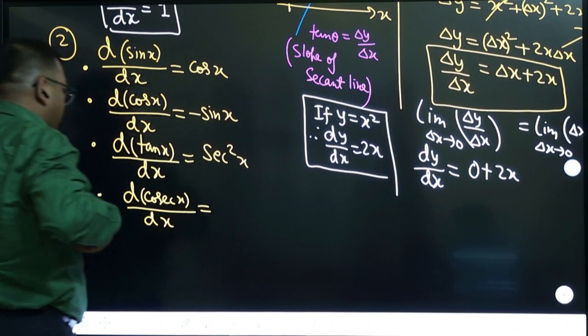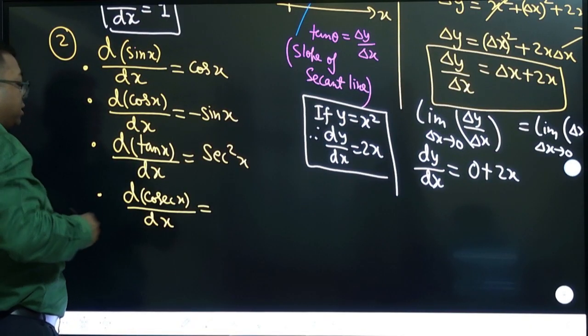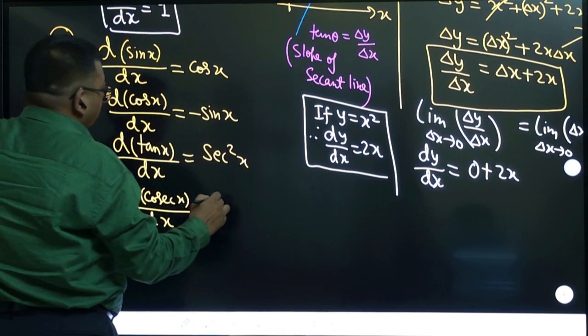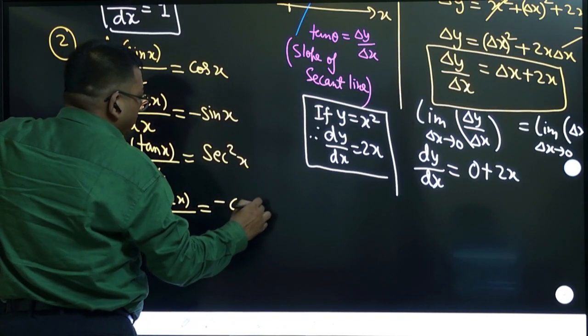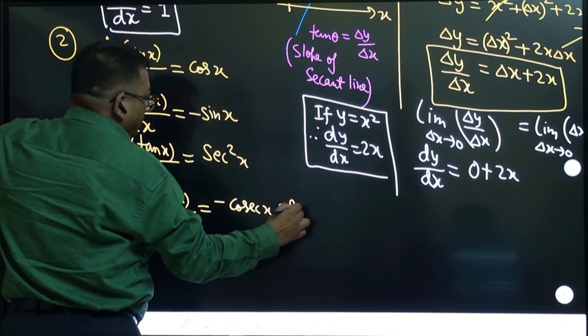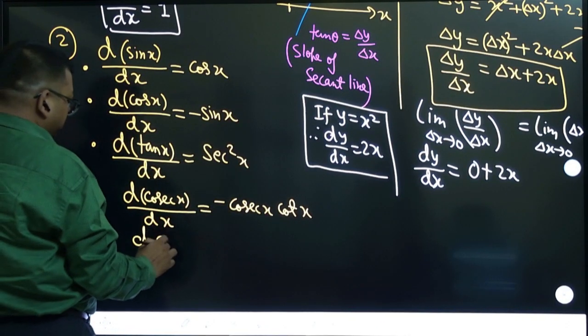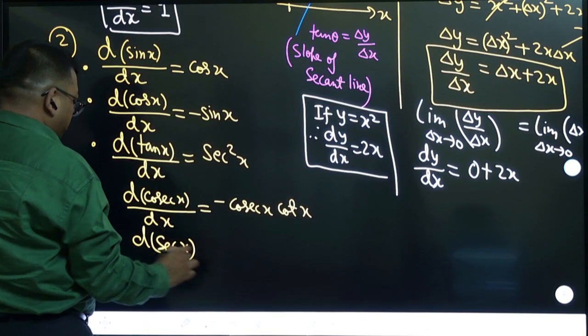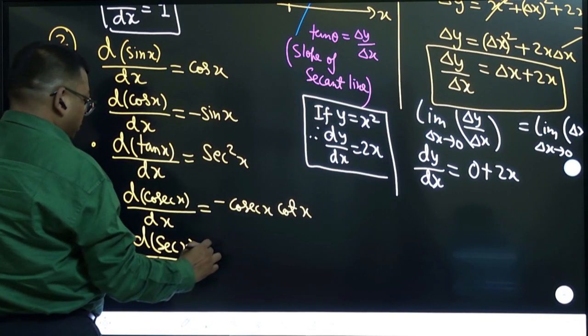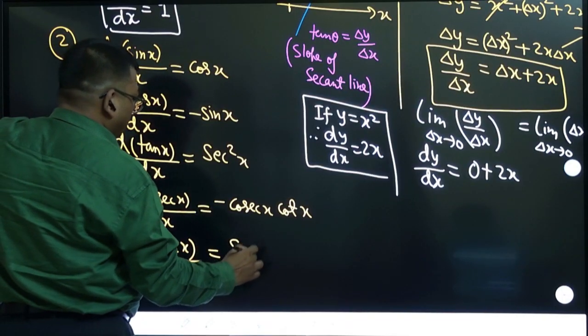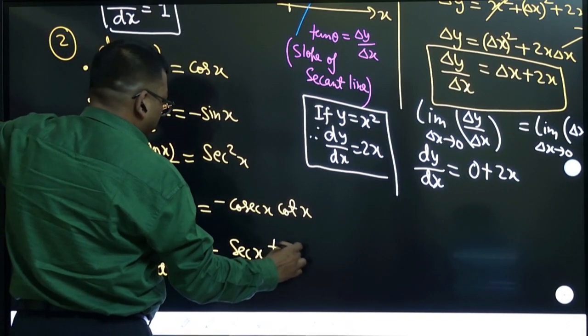What is cosecant x differentiation? Tell me. Minus cosecant x cot x. Similarly, differentiation of secant x with respect to x is secant x tan x.